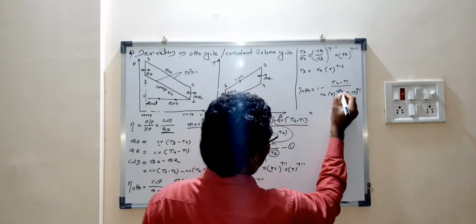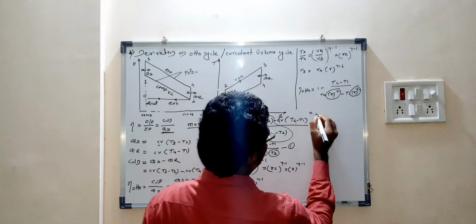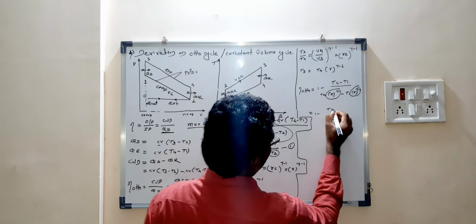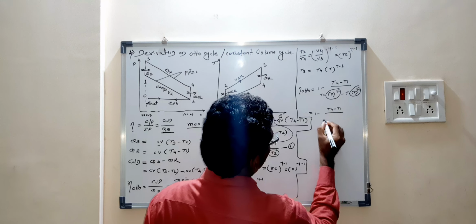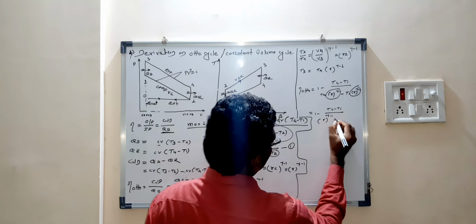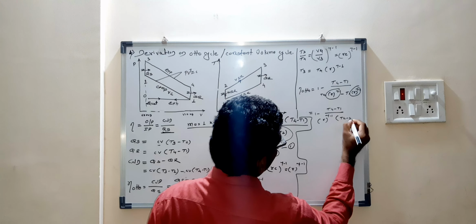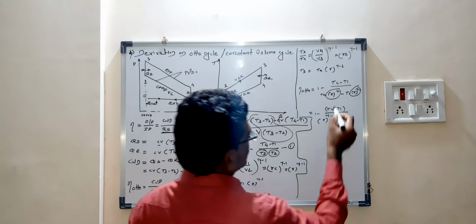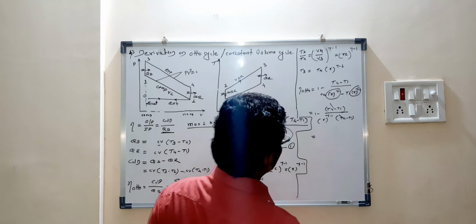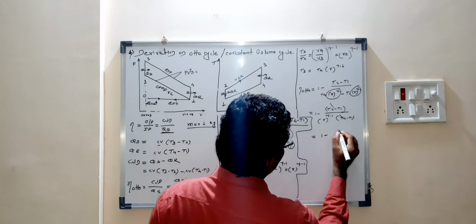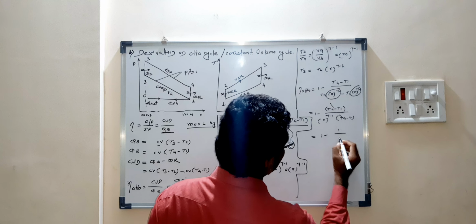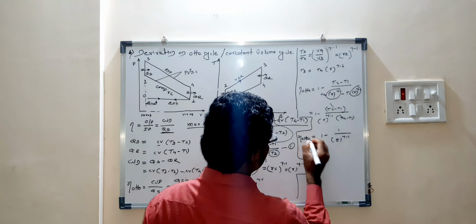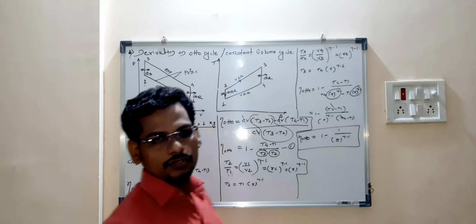R raised to the power gamma minus 1 is common, so you can write 1 minus (T4 minus T1) divided by R raised to the power gamma minus 1 multiplied by (T4 minus T1). T4 minus T1, present in the numerator as well as the denominator, is cancelled. Then it is 1 minus 1 upon R raised to the power gamma minus 1. So this is the efficiency of the Otto cycle. Okay, thank you very much.